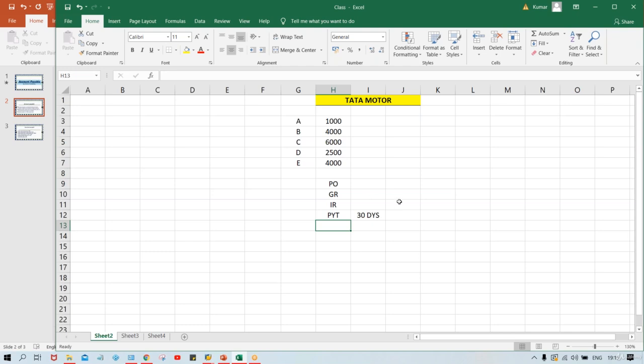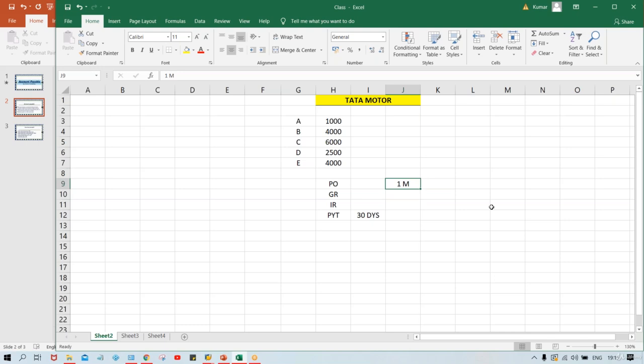Let's suppose Tata Motors has ordered laptops worth 1 million. It could be anything, whatever your currency is, whether rupees or dollars or GBP or other currencies. So this 1 million amount is your payable.